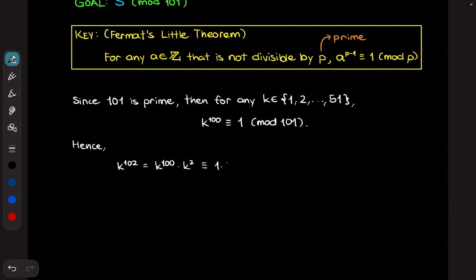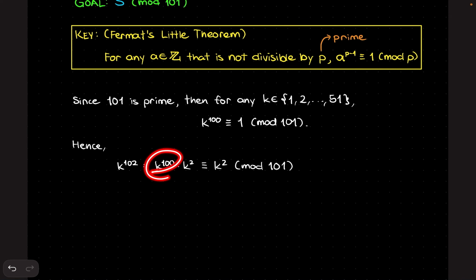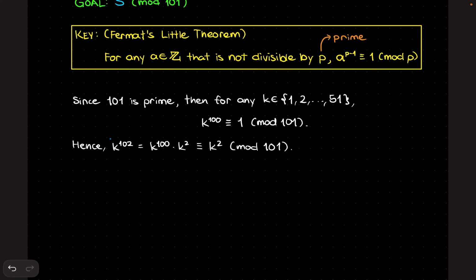So we'll have 1 times k squared, which is just k squared modulo 101. Essentially, the k raised to 100 here became just 1. Okay, let me just fix the spacing a little bit.